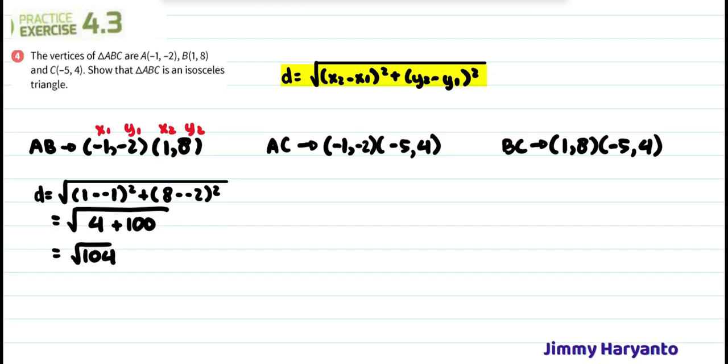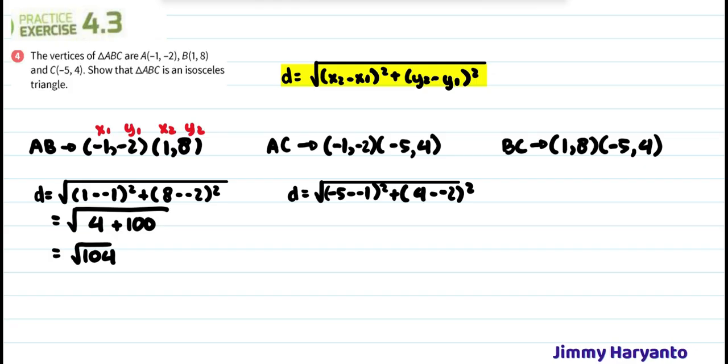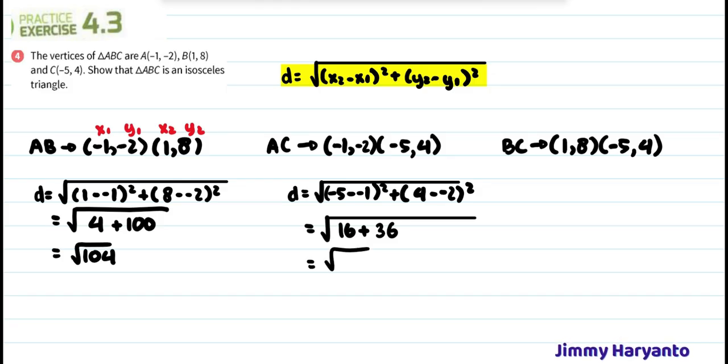We don't have to simplify that one because we only want to compare, so just leave it like that. Second one, x2 minus x1, negative 5 minus 1 squared plus y2 minus y1 squared. So for this one you have negative 4 squared is 16, this one is 6 squared is 36, so final answer is square root of 52.